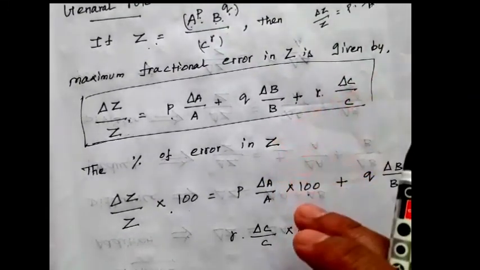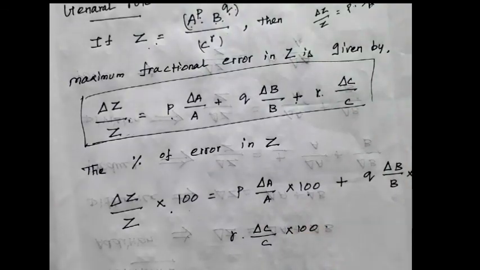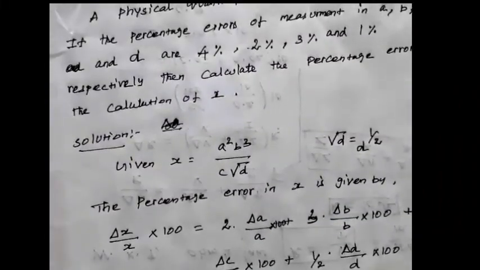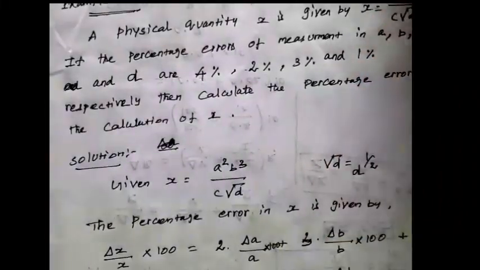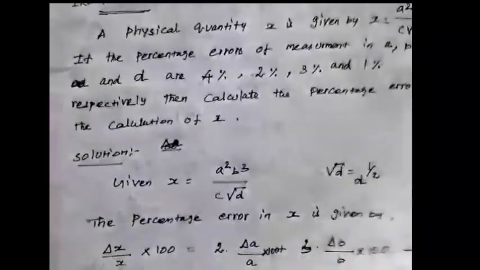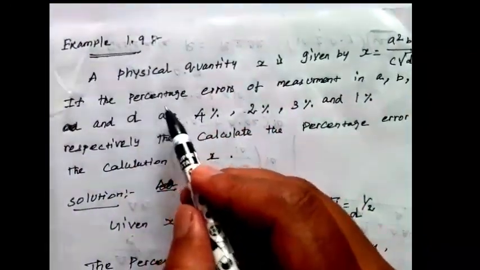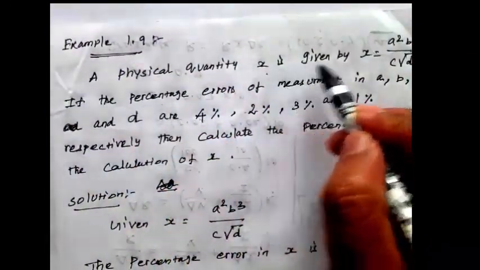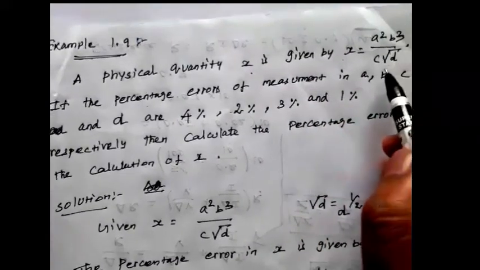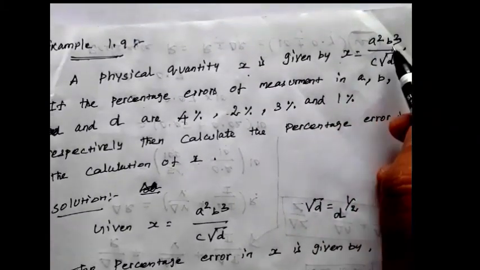Next we can see an example sum, example number 1.9. It's based on the general rule of power of quantity. First we see the question, example number 1.9. A physical quantity x is given by x equal to a square b cube.